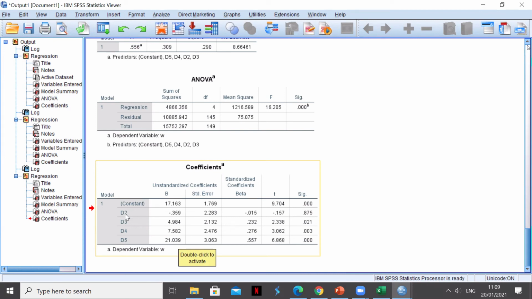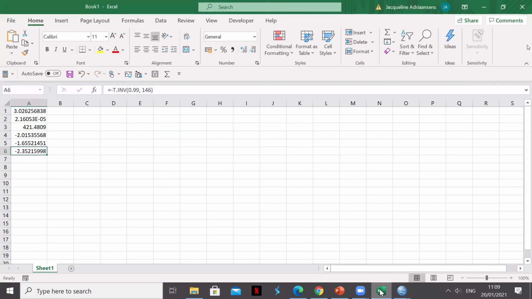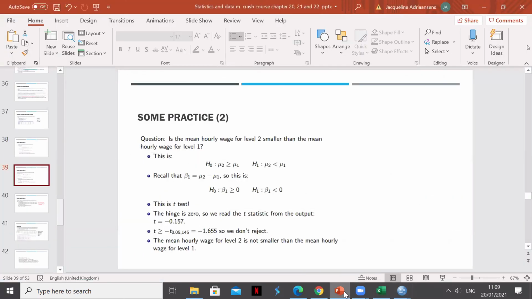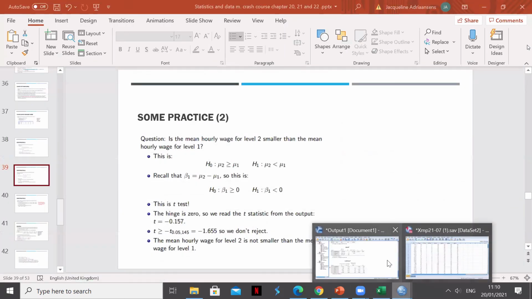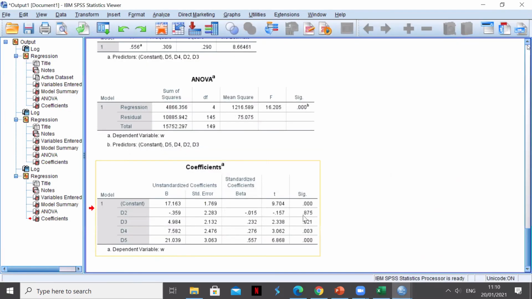We were now testing D2, so we get this number if I did it correctly. Yeah, we did it correctly. So the test statistic is minus 0.1167, sorry. And what's the significance level? The significance level, oh, that's very, very big. So probably it won't be significant.